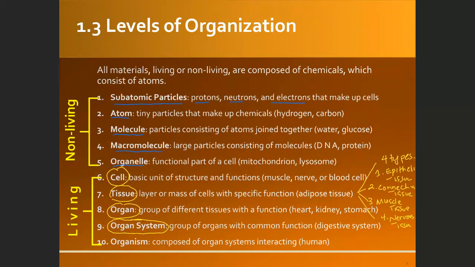Another system is the lymphatic system that consists of organs like red bone marrow, thymus gland, lymphatic vessels, and so on. Another system is called the cardiovascular system, or circulatory system, that consists of the heart and the blood vessels. There is also another system, the reproductive system. For male and female, they have different organs that make up their reproductive system.